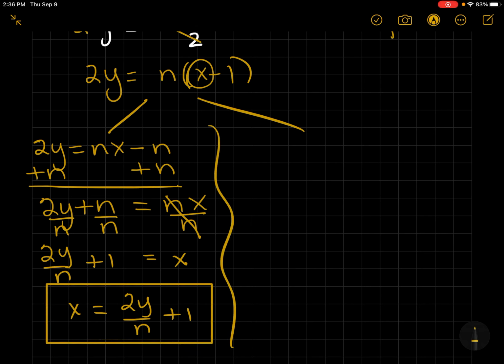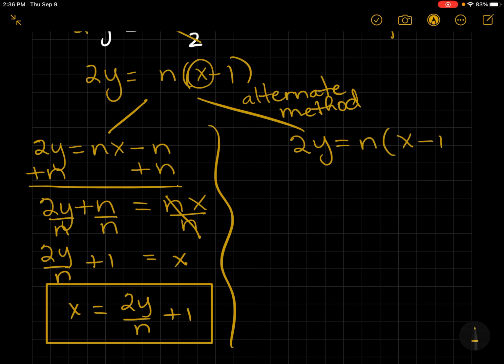Now, another way of doing it, I'll say this is an alternate method of solving this problem. Once you get here, you can divide both sides by n, because remember, we're trying to get x by itself.